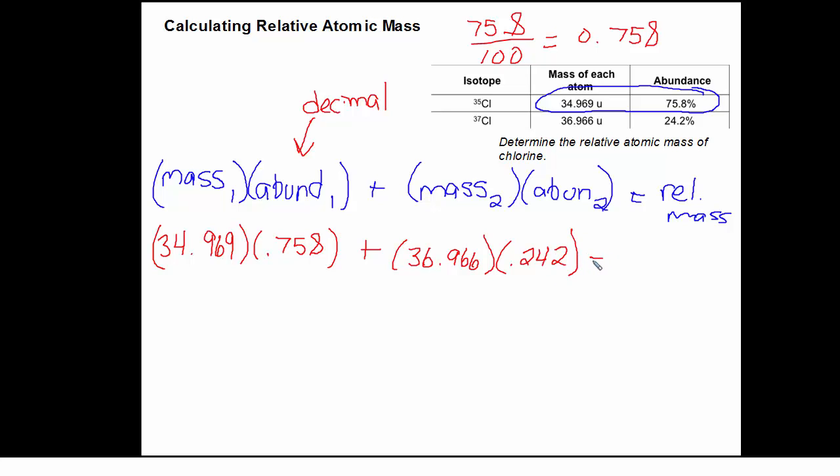Okay, do not forget your order of operations. Carry out the multiplication of both of those before you handle the addition, and what you're going to come away with is 35.45. Have a look at your periodic table. What is the mass displayed for chlorine?